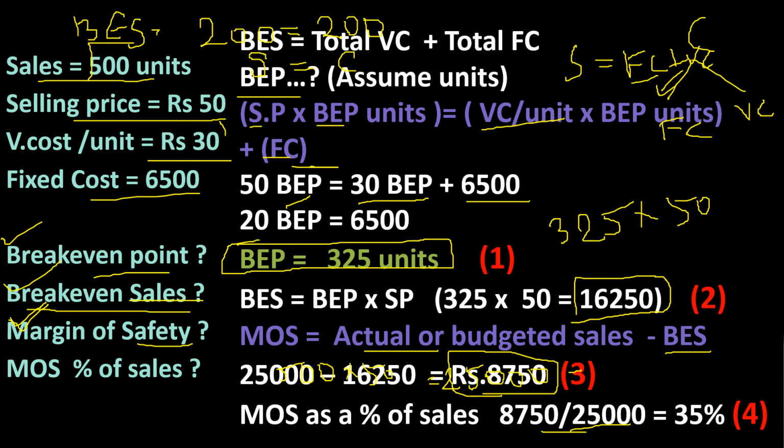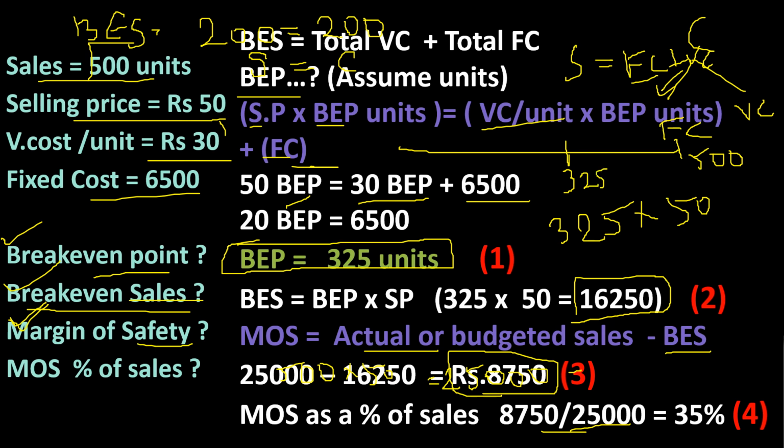So here I'm just explaining this in a simple way. This is at 500 units. It is the actual or budgeted units, and this is 325 units, that is the break-even point.